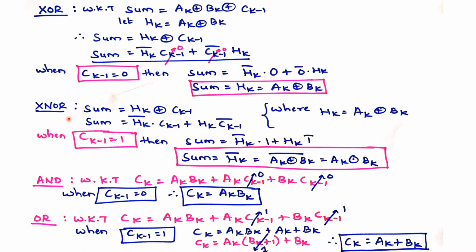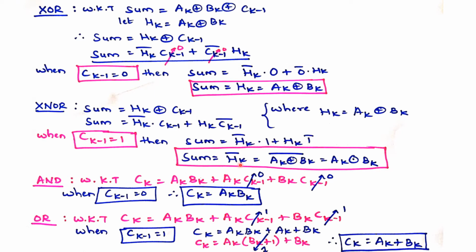For XNOR, consider sum expression again HK XORed with CK-1, where HK is AK XOR BK. Therefore sum equals HK bar into CK-1 plus HK into CK-1 bar. If we substitute carry input as 1, then sum expression reduces to HK bar into 1 plus HK into 1 bar.